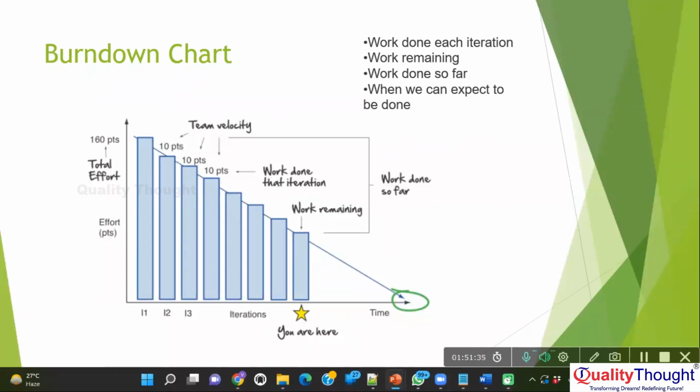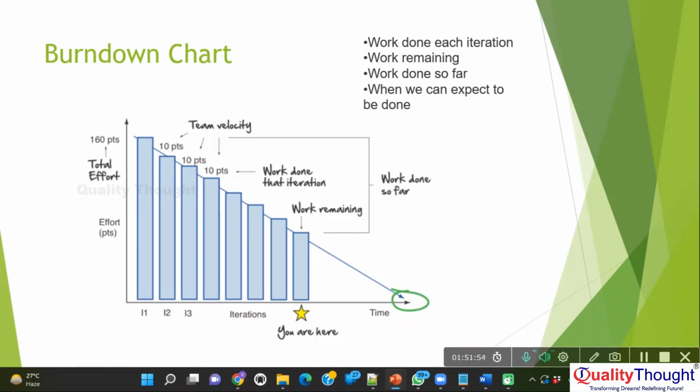Sir, what is a story point? A story point is nothing but the time taken to complete that particular story. For example, a story is fund transfer from one account to another account.